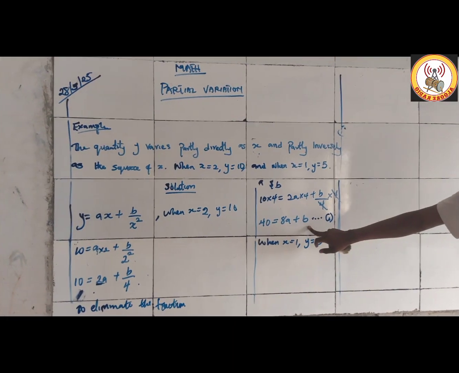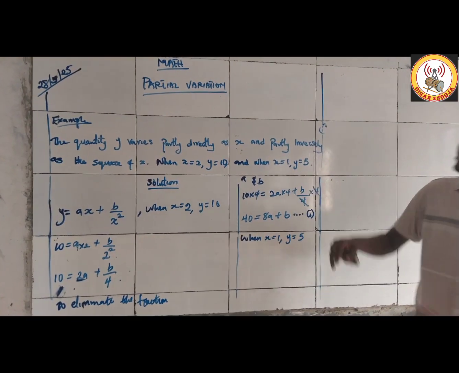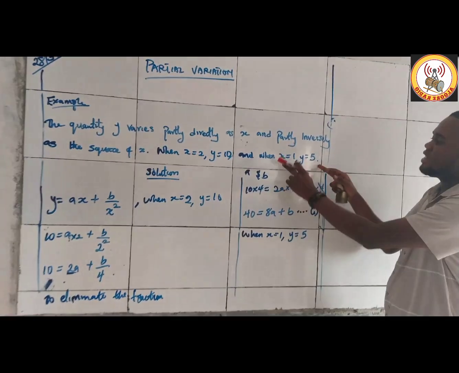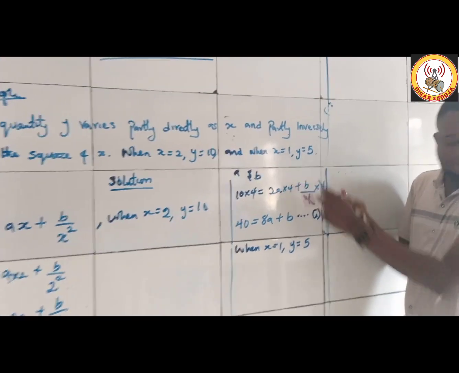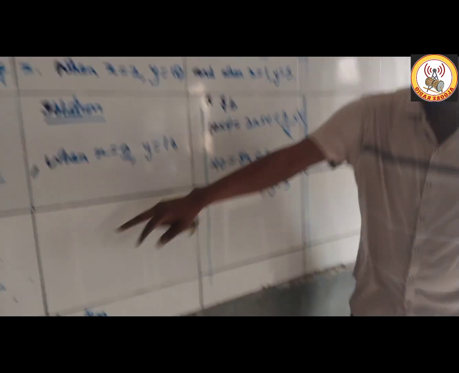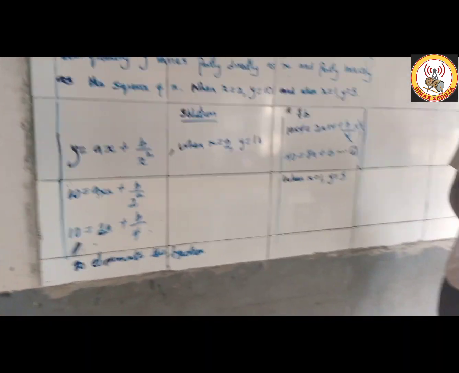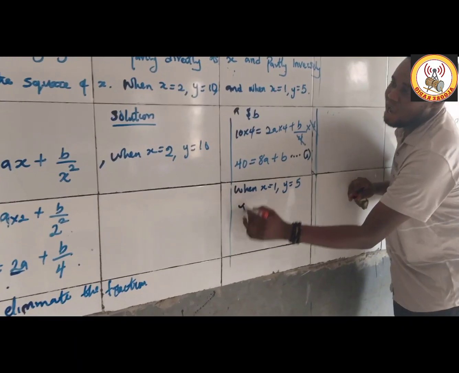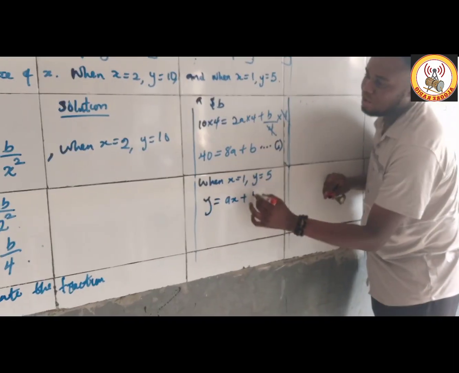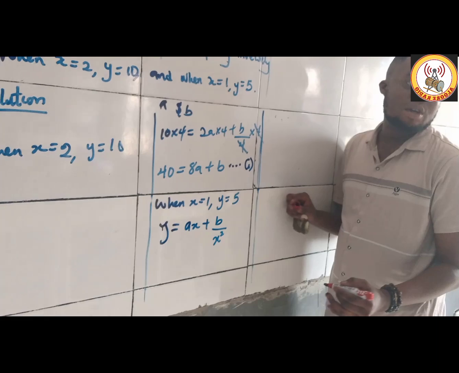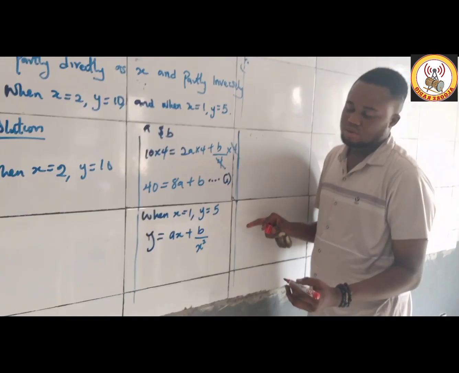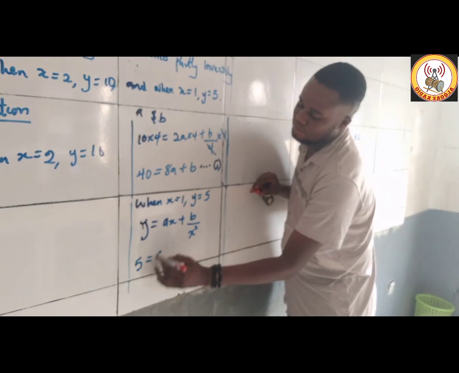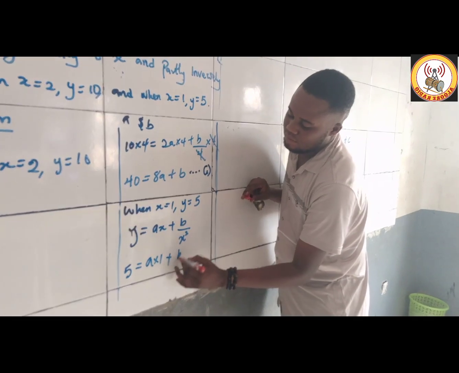This is the first linear equation, using 2 and 10. So let's go to our second one, which is 1 and 5. We are still using y equals ax plus b over x squared. So 5 equals a times 1 plus b over 1 squared.